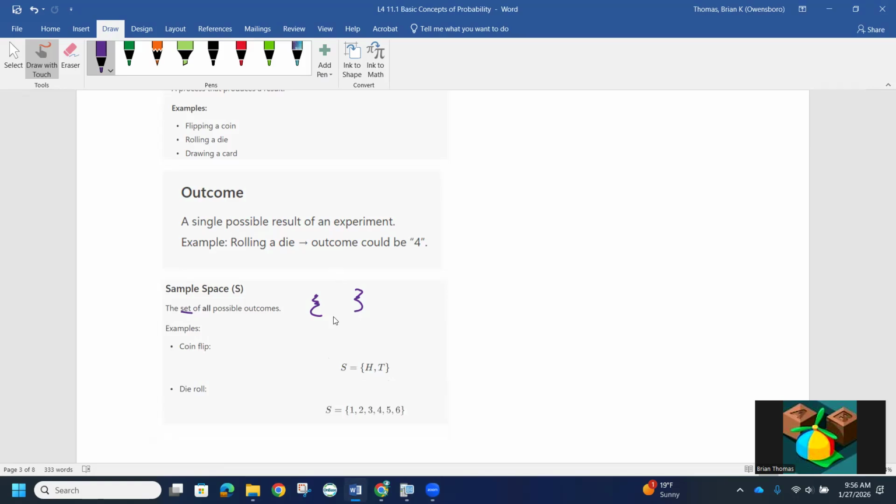That's a formal way of writing it. If I roll a die, the sample space would be the set of 1, 2, 3, 4, 5, 6. Before I was just listing. Now this is a formal way of writing the sample space using the special notation of set notation.